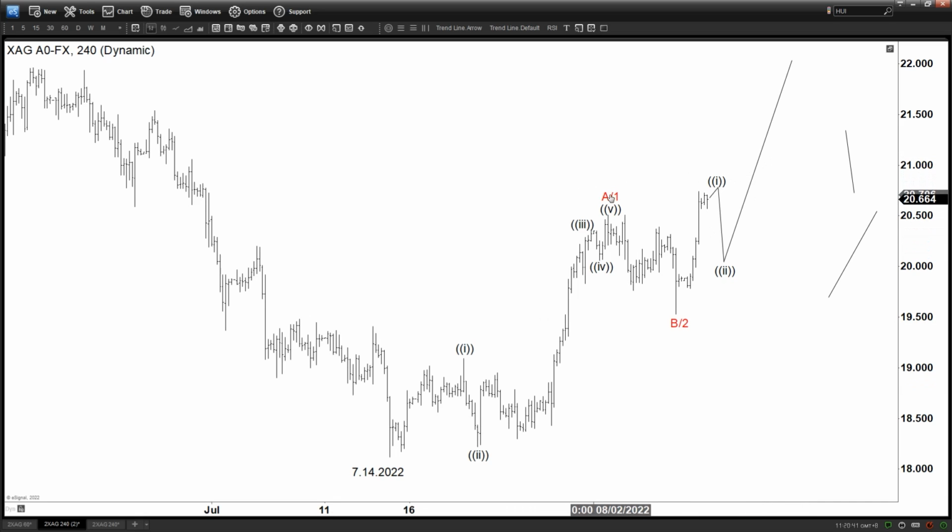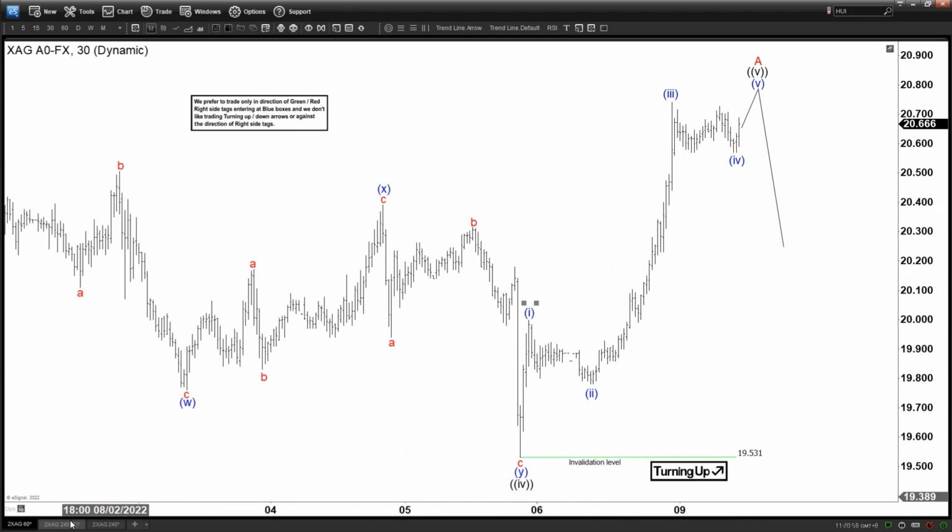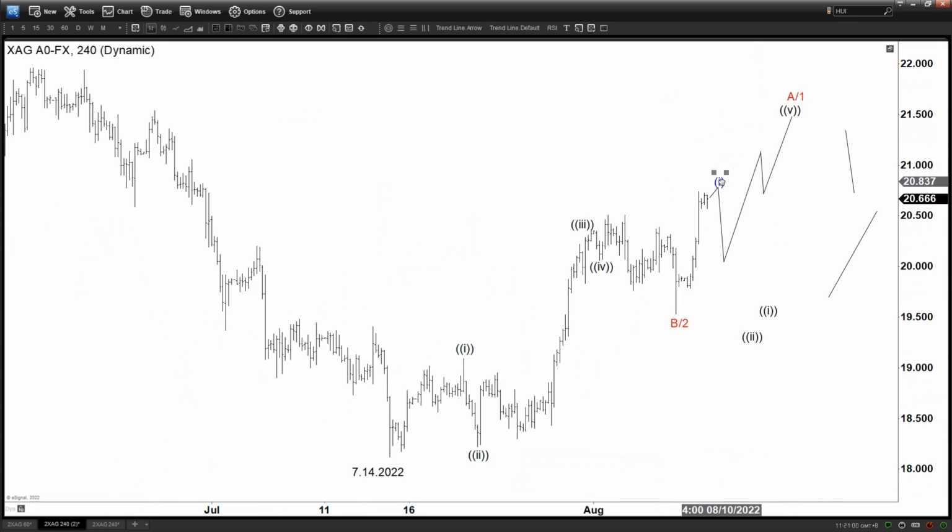And the second possibility is if it is a shallow pullback and extends, then we are actually still within the wave 5 extension here, like this. So this is nothing more than the blue one, right? The blue one here is actually this one. So then we extend higher within 5. That's also another possibility, which is also bullish.